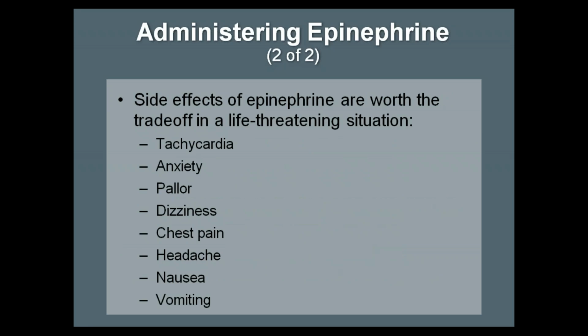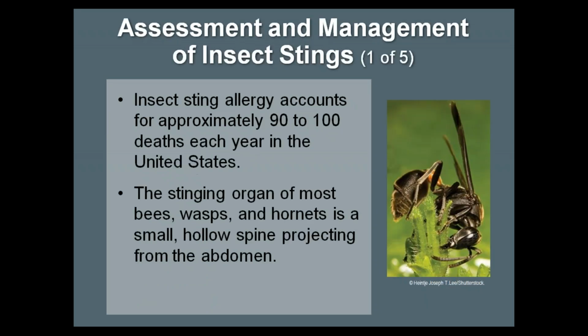Are the side effects of epi worth the trade-off in these life-threatening situations? And I would say yes. And the amount of epi that we're going to give, you're probably not going to cause a heart attack. You may have some chest pain. You might have some complaints of nausea. I've given it to somebody one time before and they vomited, but those are all acceptable side effects based on the reversing of symptoms that I've had.